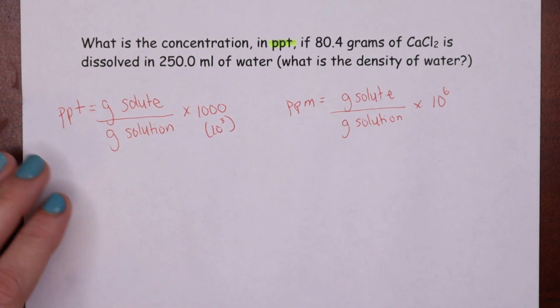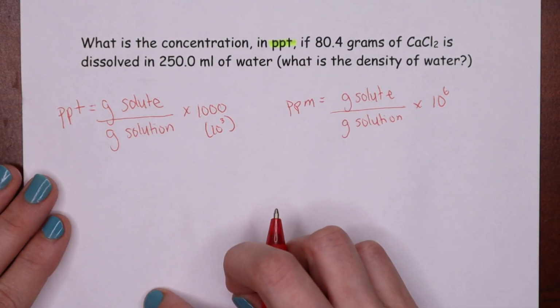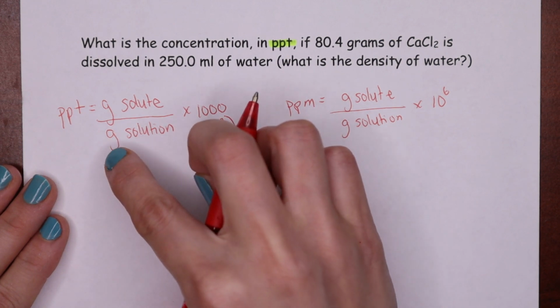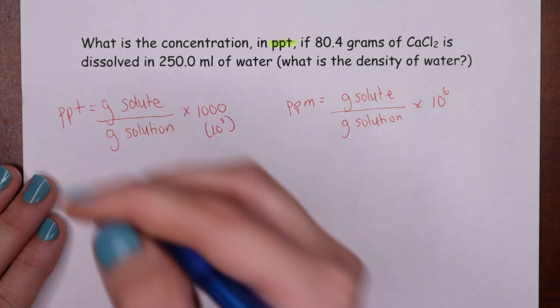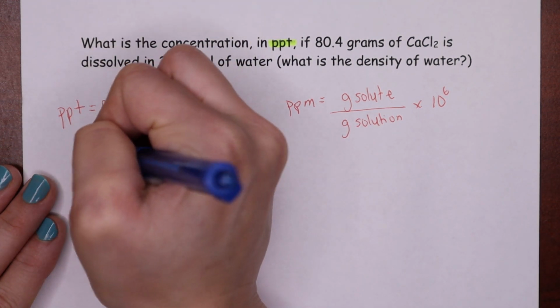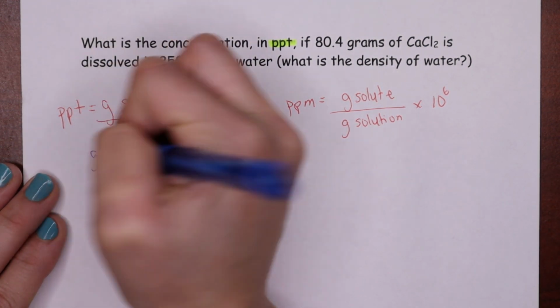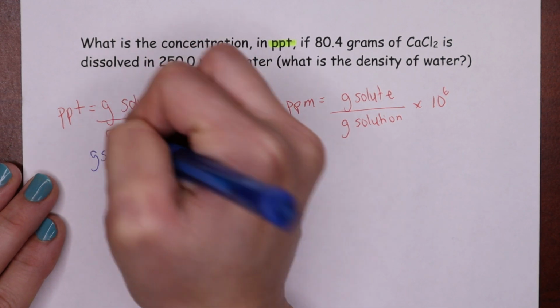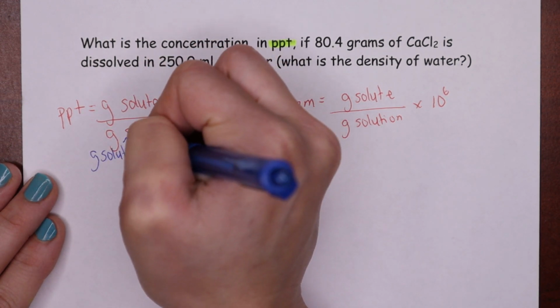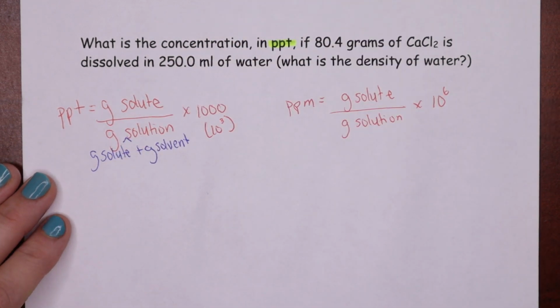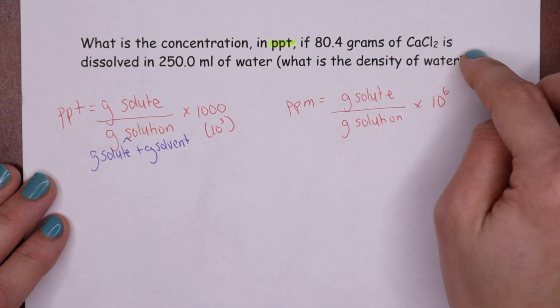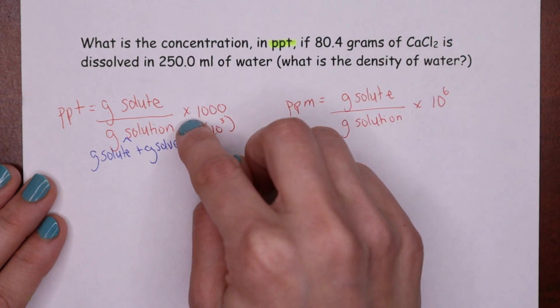First off, if I want to break this even farther, just know that grams of solution is the same thing as grams of solute plus grams of solvent. So now let's go ahead and look at this problem and see what we can plug in.